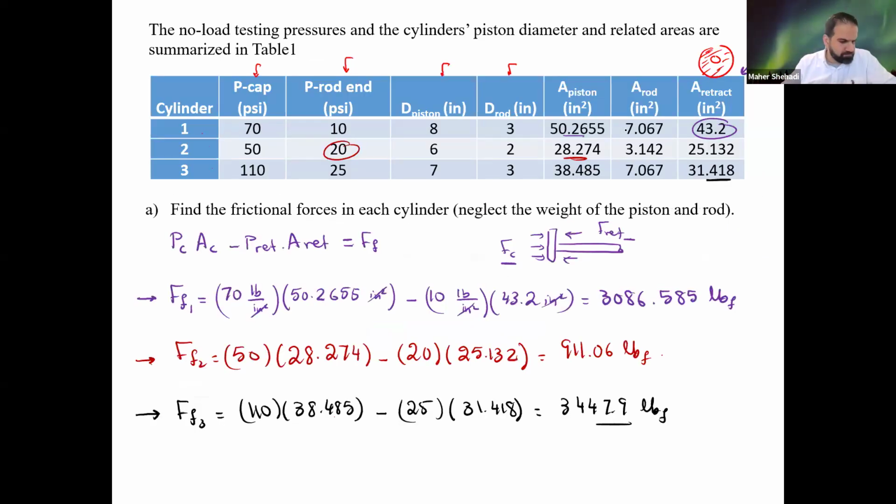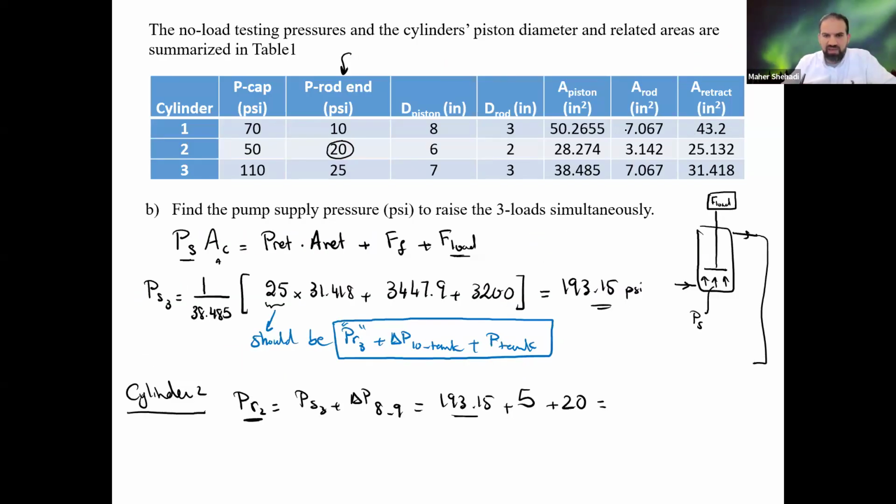Okay, so I will take that value and plug it plus 25, 218.15 psi.